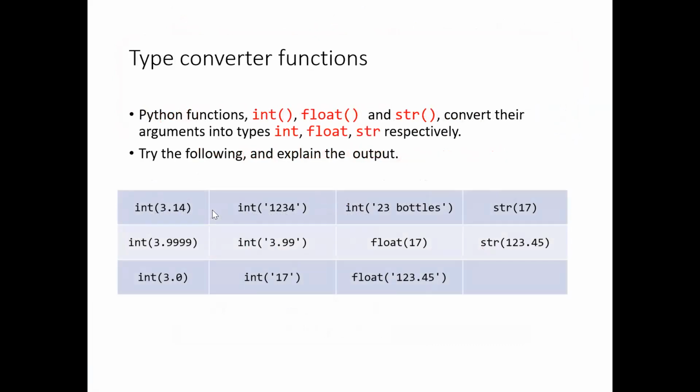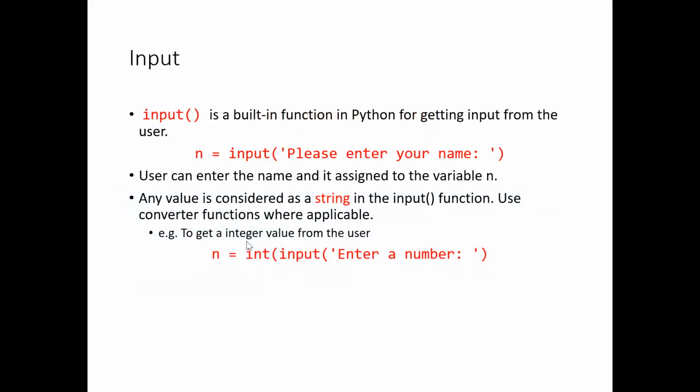Then we discussed the converter functions. Once you store some data in a variable, by default it has a type, but if you want to change to another data type, for that we have the type conversion functions. Depending on what you want to do, from time to time you may have to use these functions. Then we discussed getting user input, the input function.